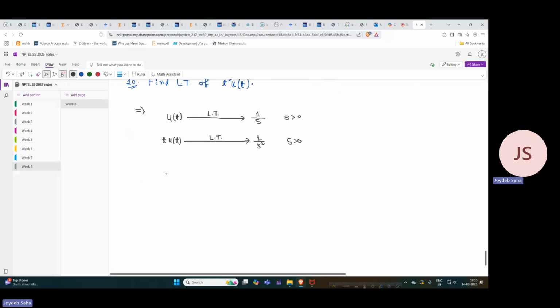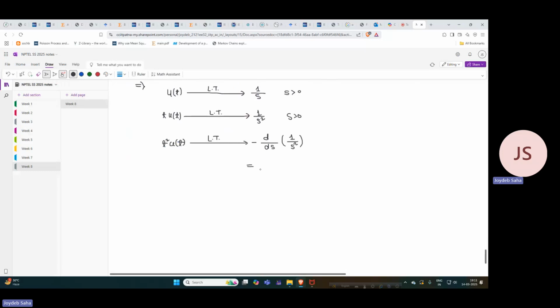Now, if we again multiply t, then what will happen? t square of u(t), its Laplace transform will be minus d/ds of 1 upon s square, is equal to 2 into 1 upon s cube, right?